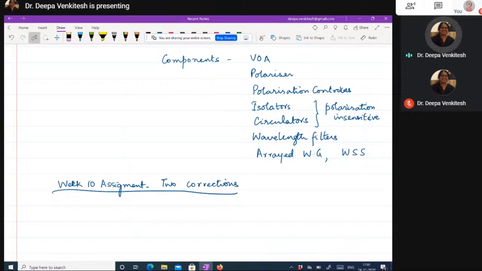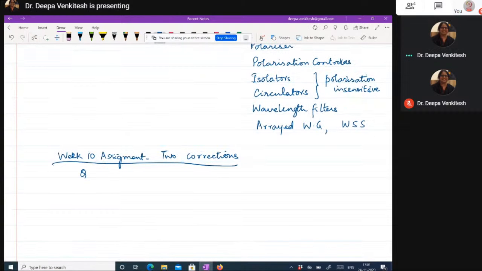The first is in question 1. It's not even a correction. You have the data in question 2. For question 1, use A effective as 50 micrometer square. That information is there for questions 4 and 5, but you can use the same for question 1 also.